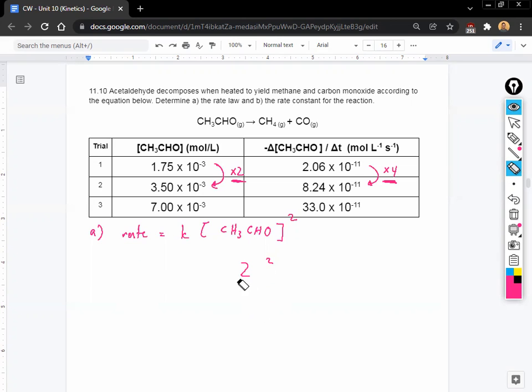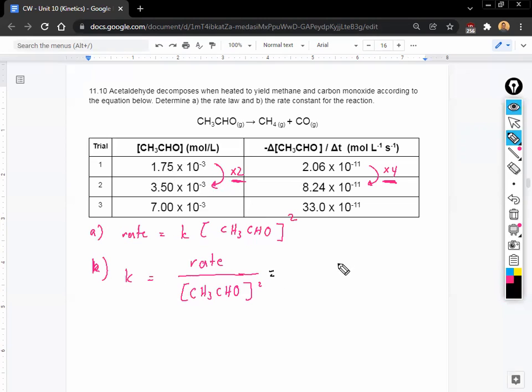Okay, now let's calculate the rate constant. Now I'm gonna just do some algebra tricks in order to make it easier. I'm gonna isolate the K by itself. So for the equation, you should have the rate divided by the reactant concentration squared. Okay, so we're just gonna pick one of the values to work with.